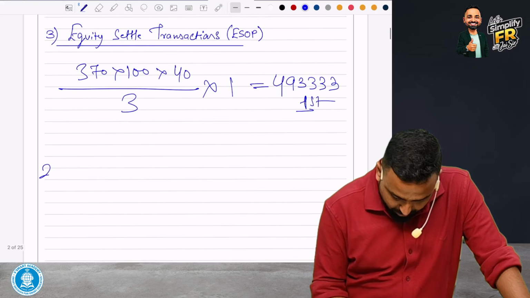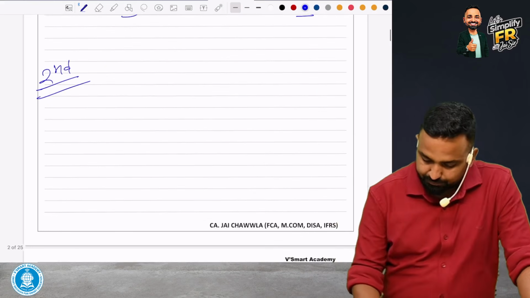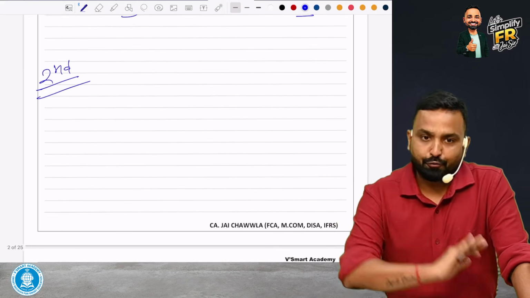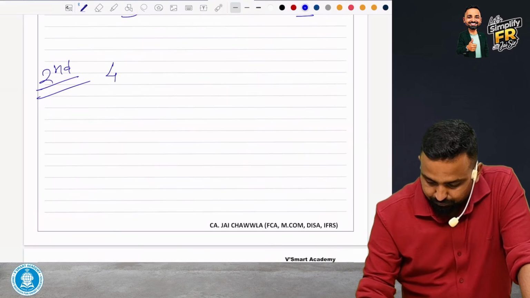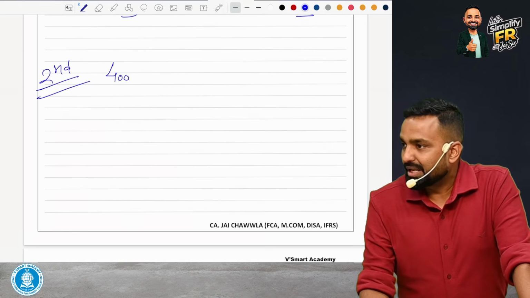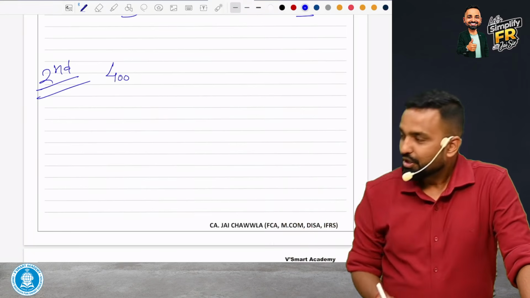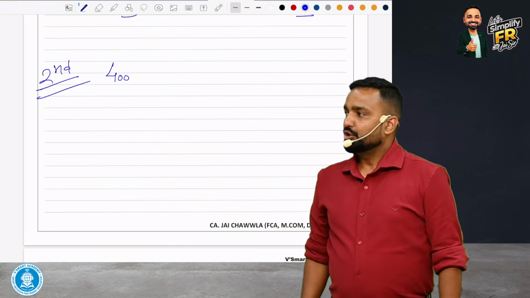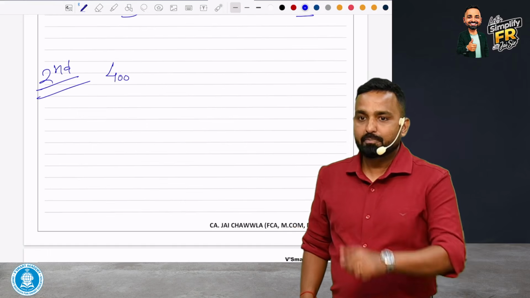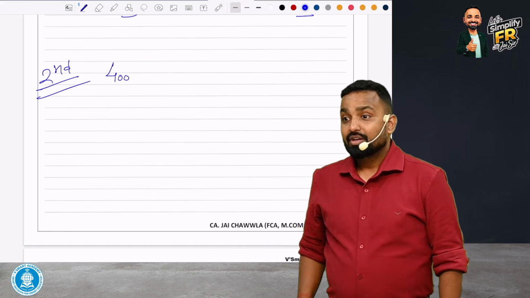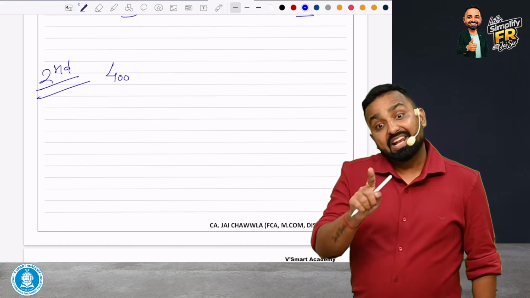So tell me, what about the second year working? Again, full formula. Estimated number of employees that will be eligible. What is the moral of the story? You will book the expense not as per total employees, but as per the estimated eligibility.